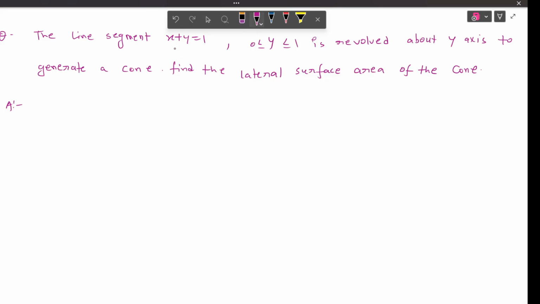So here this line, if we draw, this is y equals to minus mx plus c, minus 1, that is 135 degree, and positive intercept. This is the straight line. And if you put y equals to 0, you will get x equals to 1. So this is the point 1 comma 0. If we put x 0, this will be 1. So this is the point 0 comma 1. And this line is the line x plus y equals to 1.